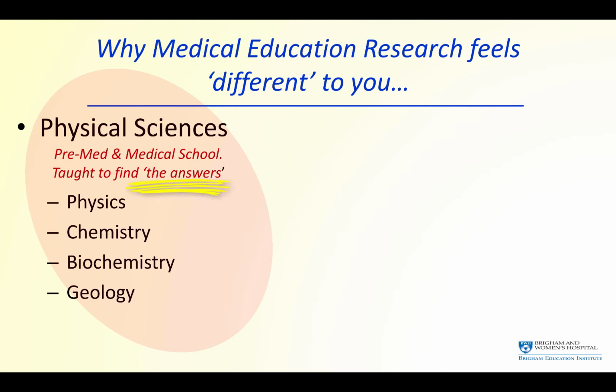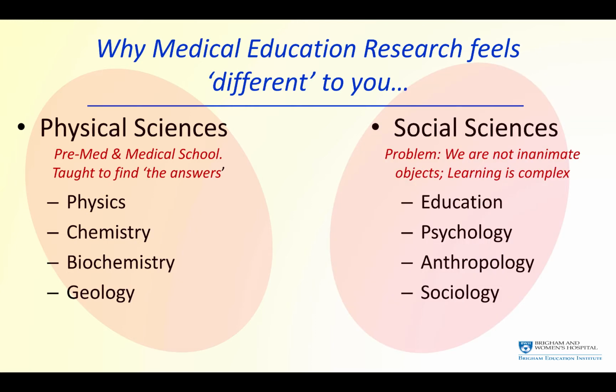It's a reductionist approach. As we enter more, though, into medical education, we realize that this is more a social science. Topics like education, psychology, anthropology, or a background in sociology often lend you more to understanding how to approach these problems. And social sciences exist because we are not inanimate as people, and learning is complex.